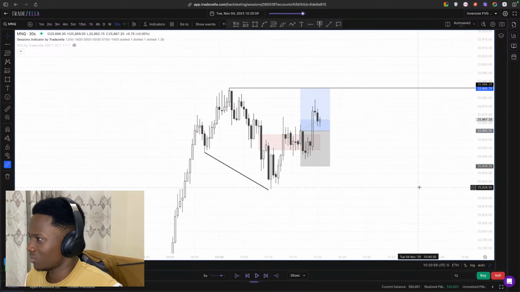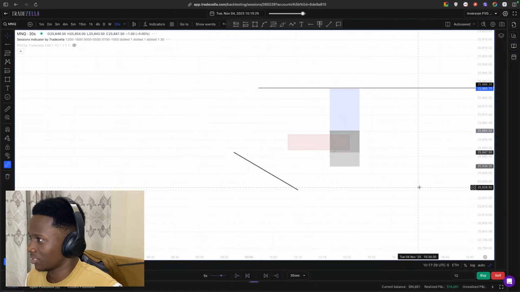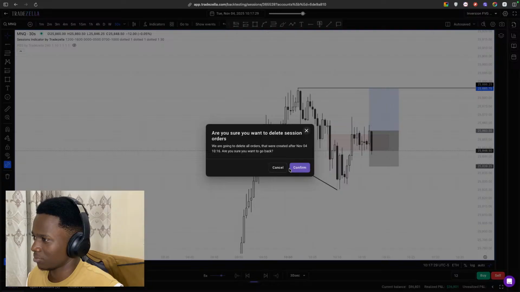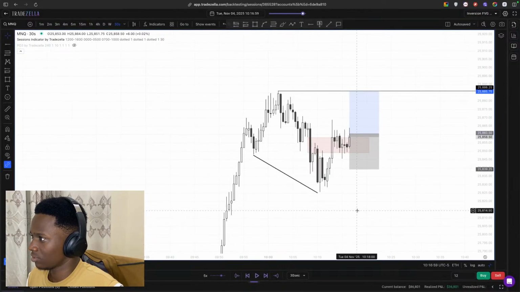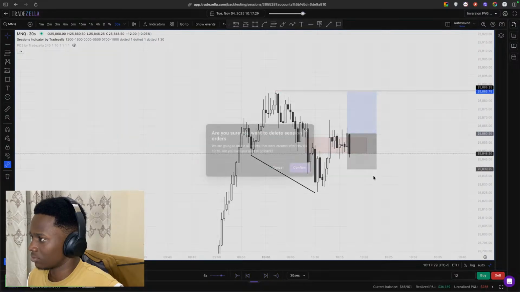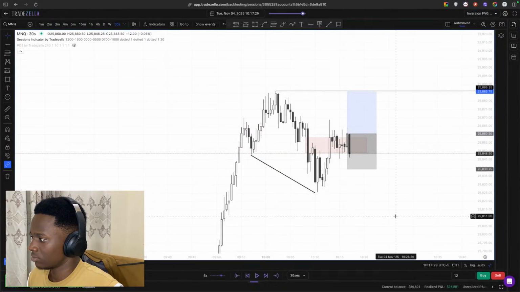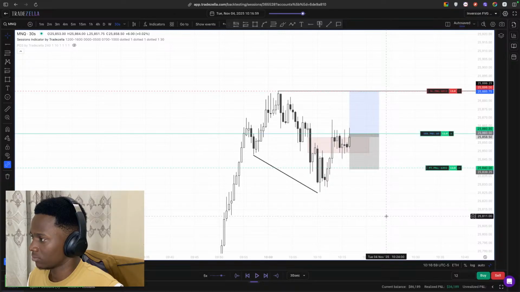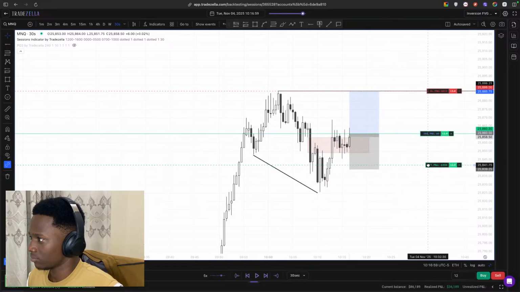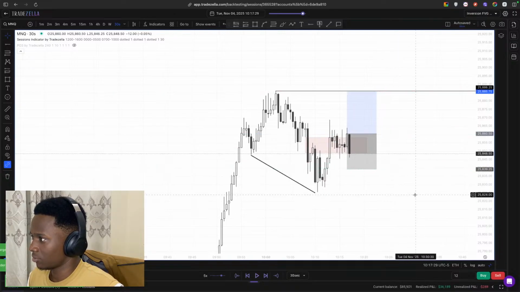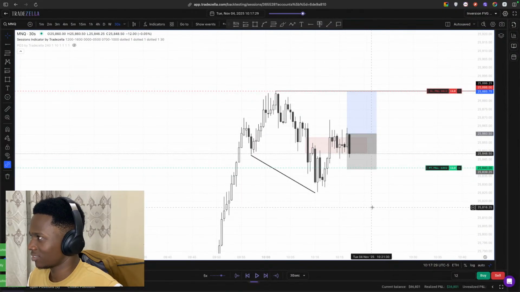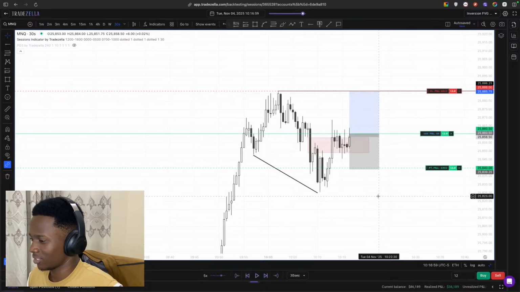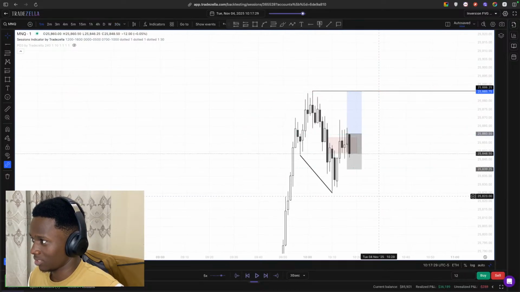But what is wrong with my positions? I place them, and automatically right after placing them they face a problem. I don't know. Okay, let's now trade this. What is happening here? Because I'm not getting stopped out, I can see that.